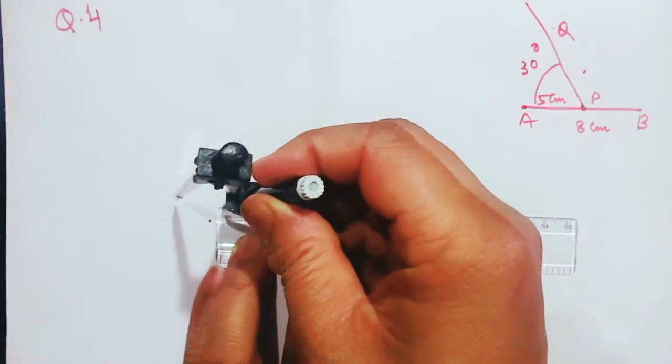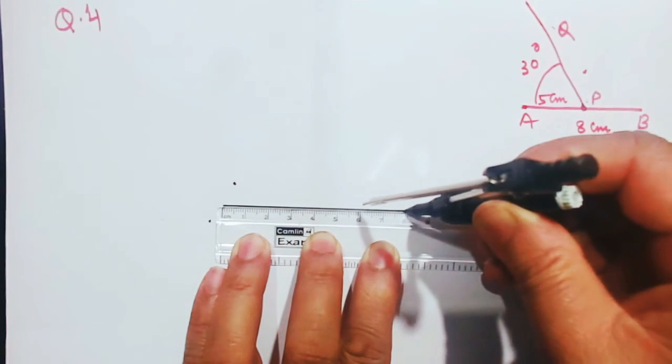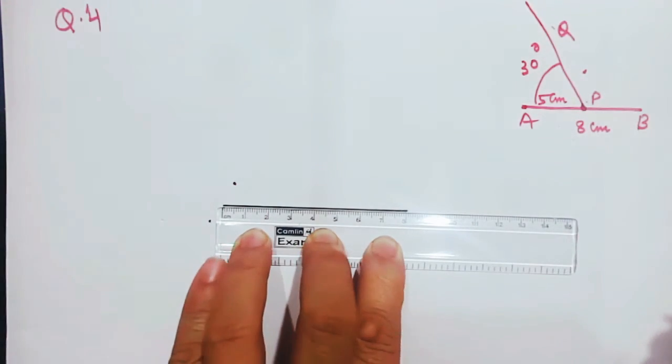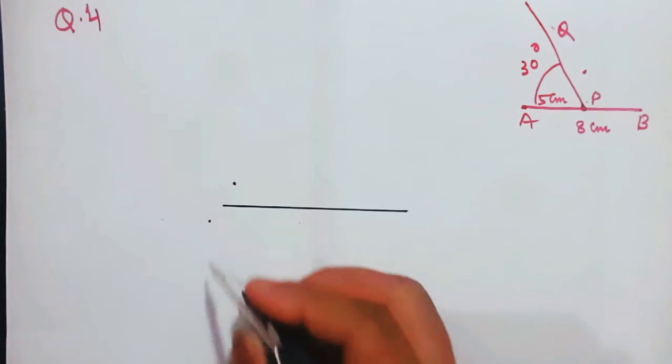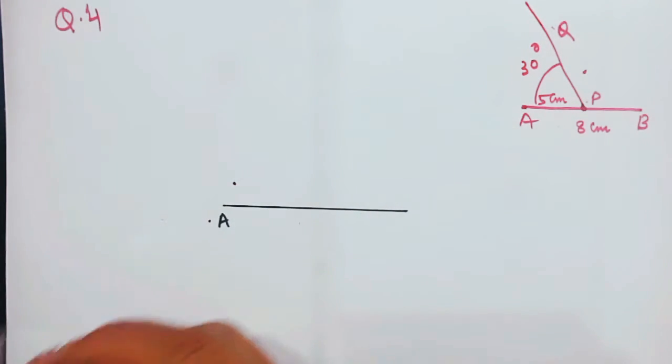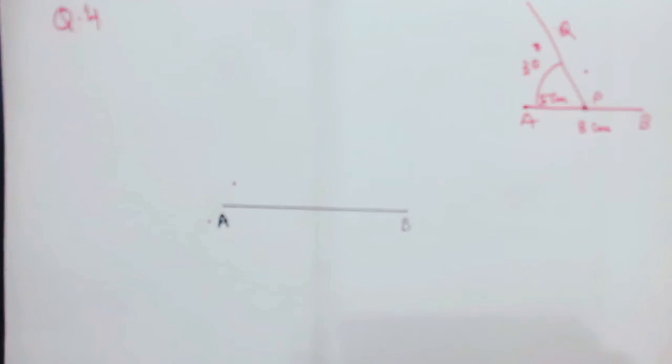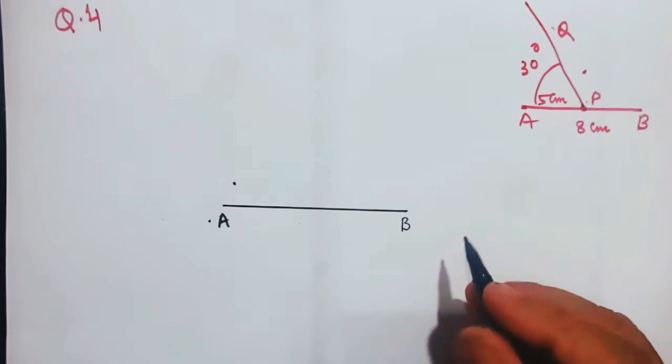So now, with the help of the pen needle, I am going to join these 2 points A and B. So it's better, why not to use another pen or pencil?